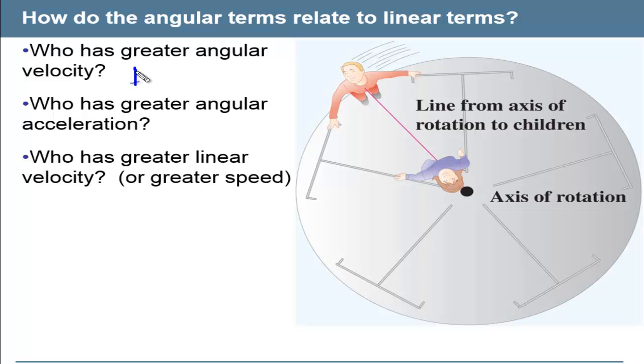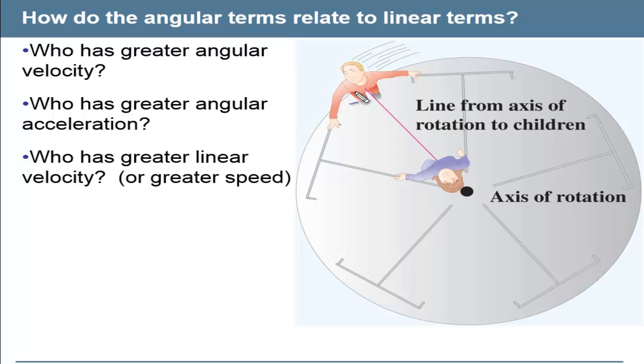So for greater angular velocity, they both have the same, as well as angular acceleration, they are the same for both of these. And I apologize that I cannot write with a mouse very well at all. So both the same.